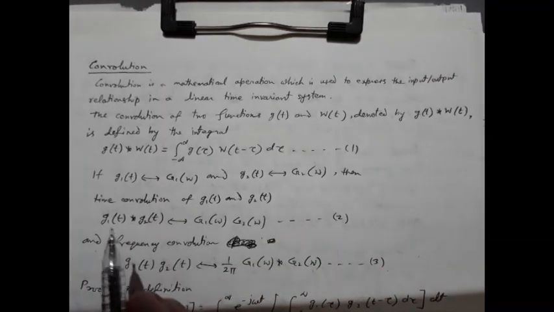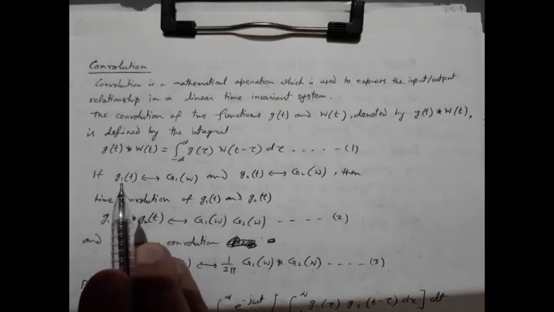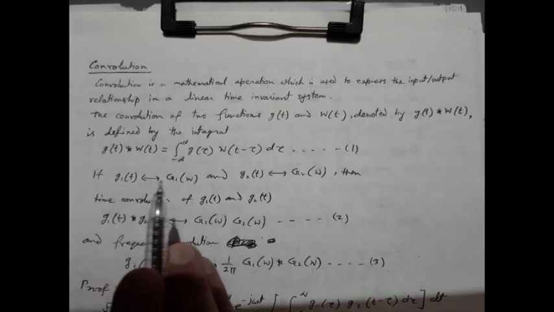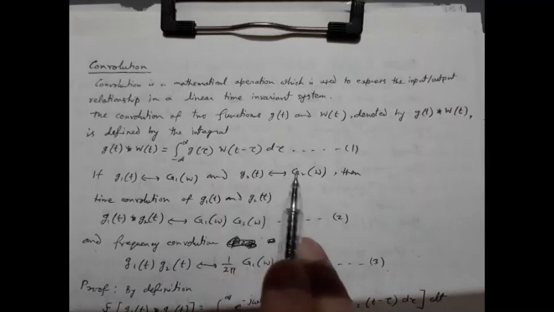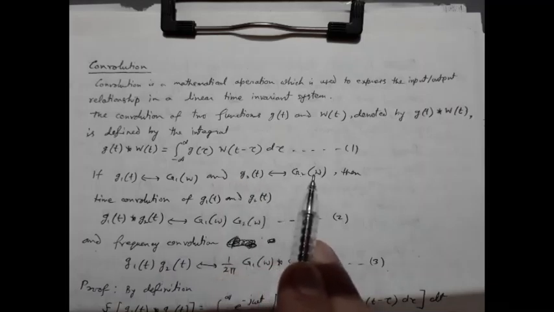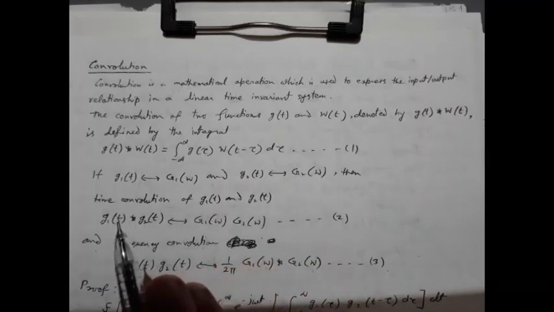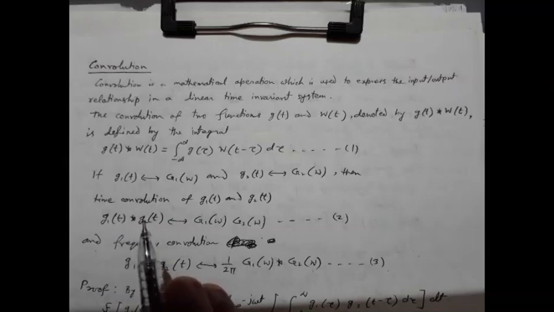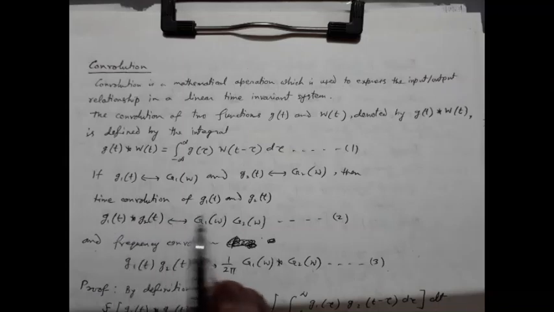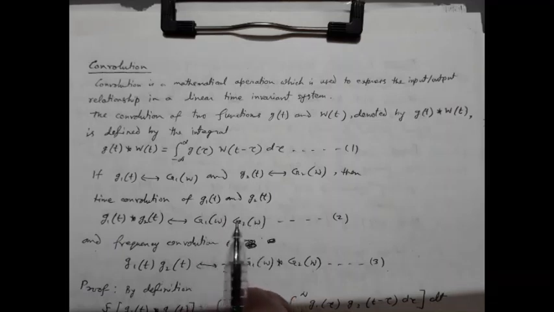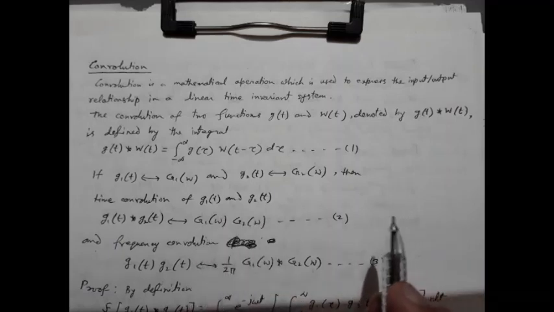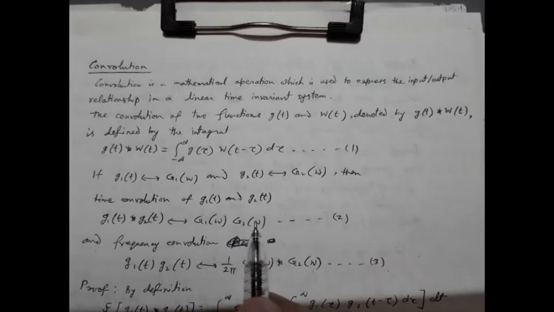Now if the Fourier transform of g1 t is G1 omega and the Fourier transform of g2 t is G2 omega, then the Fourier transform of the convolution of g1 t and g2 t will be G1 omega multiplied by G2 omega. This is what we call time convolution.